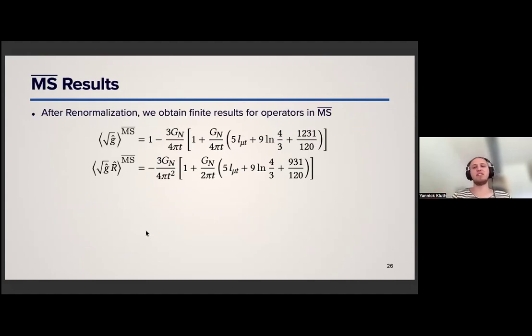And here we still just compute everything in minimal subtraction. The reason why it's relevant that we did this in minimal subtraction is because of the renormalization of the initial condition that I just mentioned before. And we get this result here for the expectation value of the volume element and the Ricci scalar.